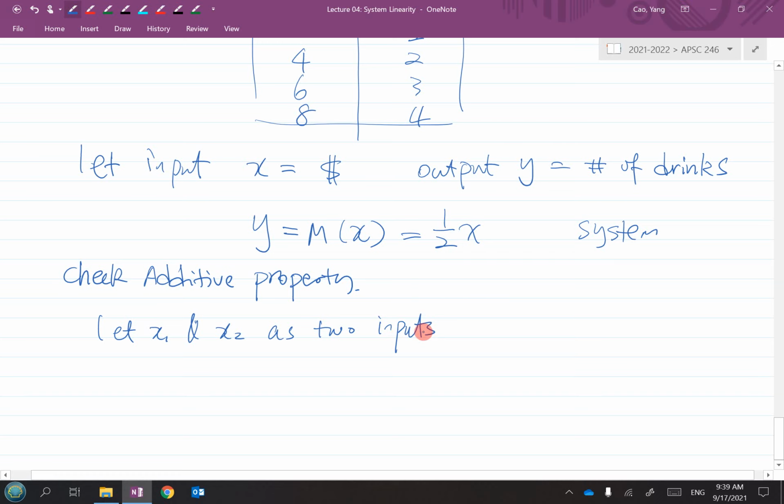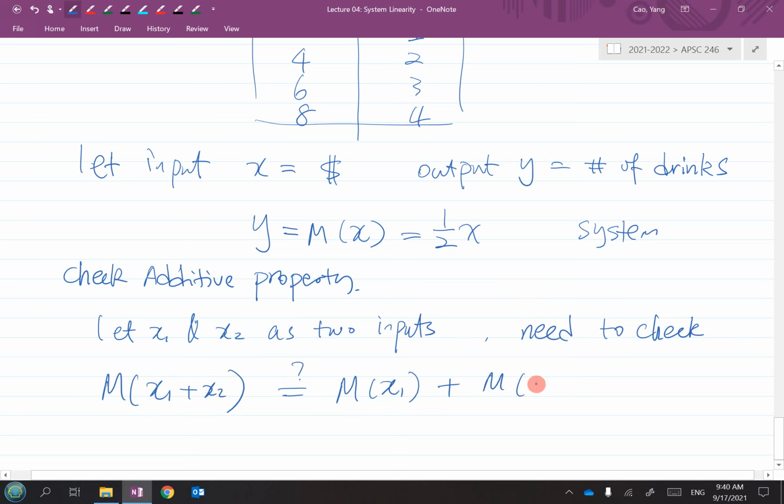What I need to check is this: M of x1 plus x2, is it the same as, for now I put a question mark because I don't know if they're the same or not, M x1 plus M x2? That's what I need to do.